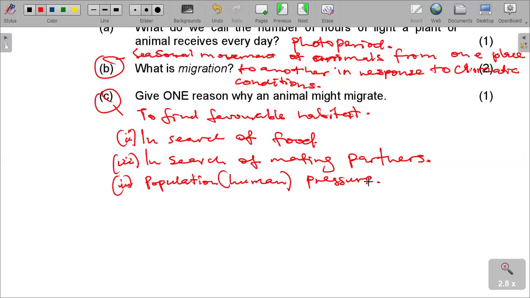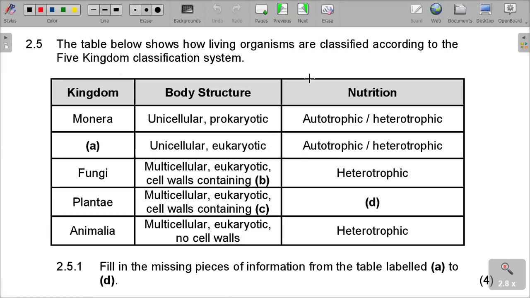So they would migrate in order to find places where there are not too many people, where they can live in freedom. Animals migrate for various reasons. It can also be because of climatic conditions: it is cold and winter in this region, and some areas are summer. So they can migrate to find those summer regions or favorable areas that they can stay in.